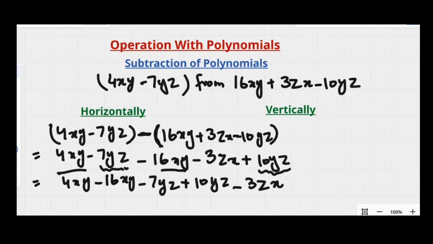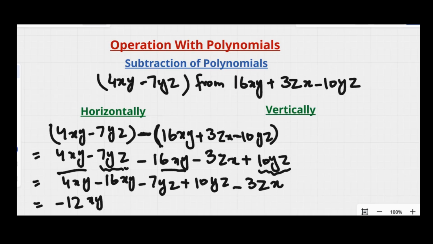Okay. Now we have to add or subtract these values, so we simplify. There is a minus sign with 16, because 16 is the greater value and its sign is minus, and this 4 has an addition sign. So minus 16 plus 4 becomes minus 12. We have to subtract because there are different signs, plus and minus.